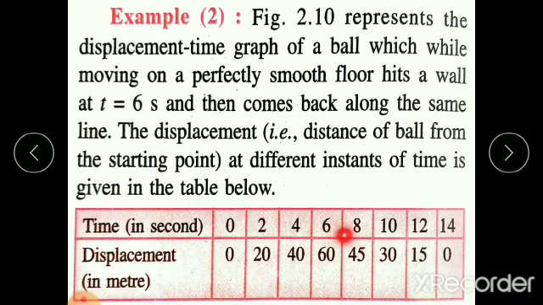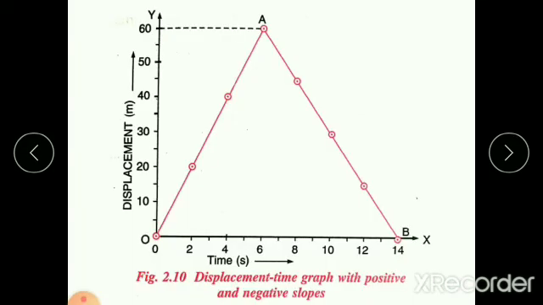At the 8th second the displacement is 45 meters, at 10 seconds it was 30 meters, at 12 seconds it was 15 meters, and at 14 seconds the displacement was 0 meters. If you draw the graph you will get a straight line like this.